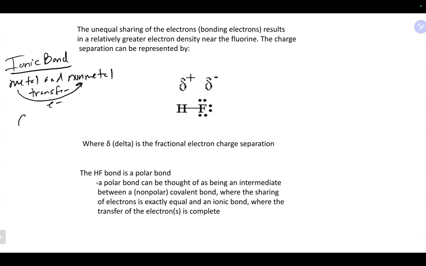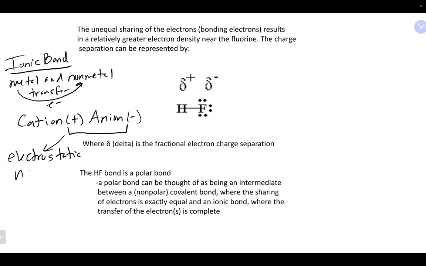That results in our ions being formed, our guys that have charges, our cation and our anion being formed. And once again here, as we talked about, it is that electrostatic attraction that holds that together. No sharing of electrons here. And an example would be like sodium chloride.